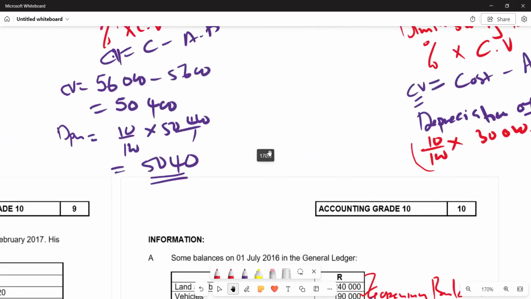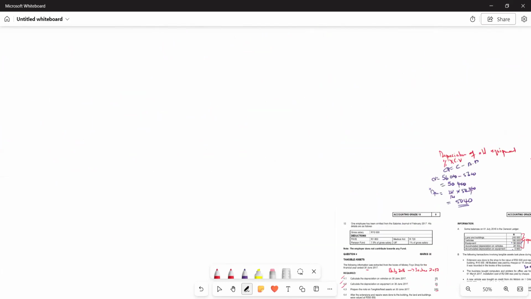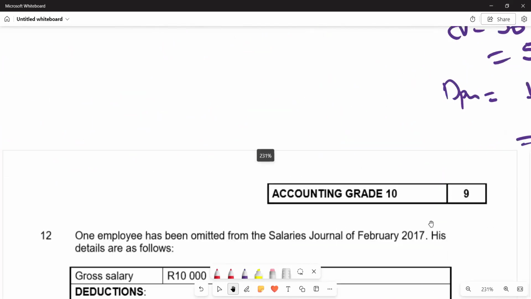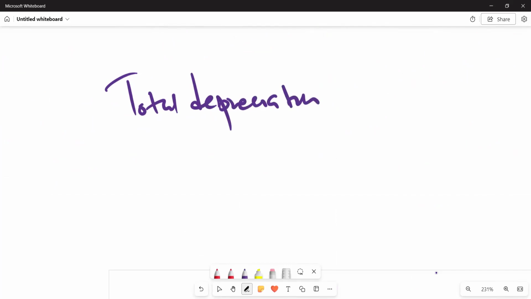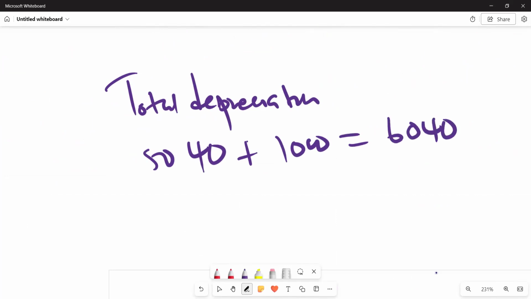So total depreciation is now 5,040, which is for old equipment, plus 1,000 for new equipment. And then we are going to get your answer as 6,040. So we now have these figures as our total depreciation for the year. This one is for equipment.